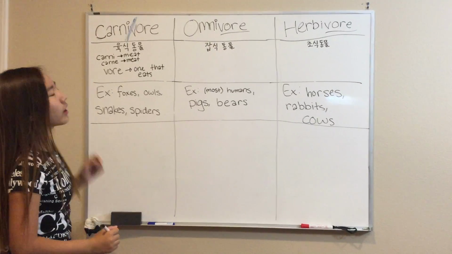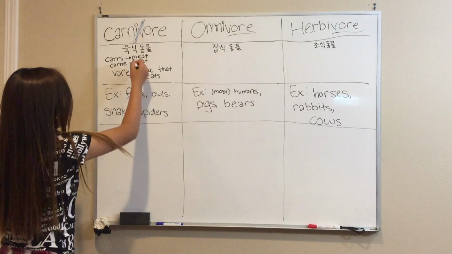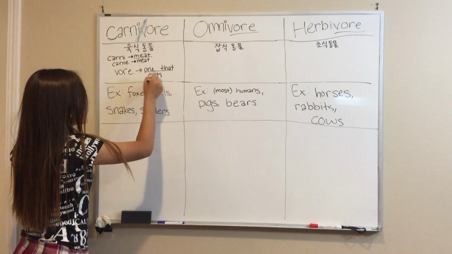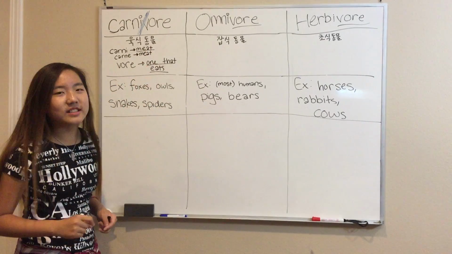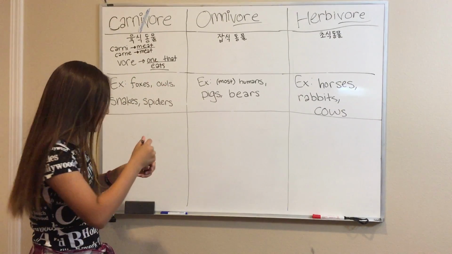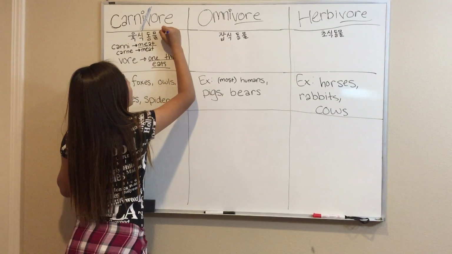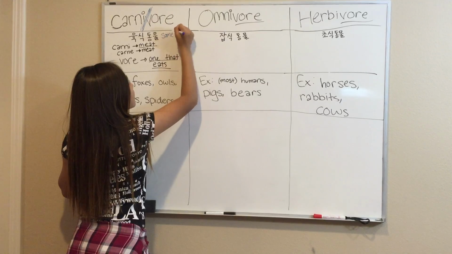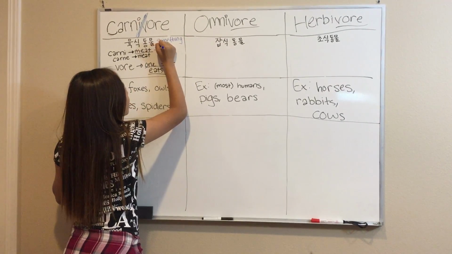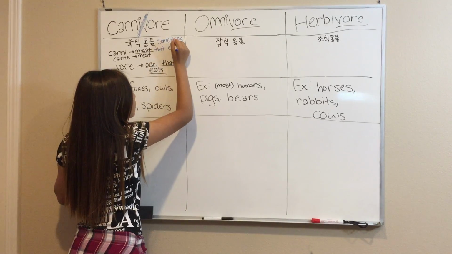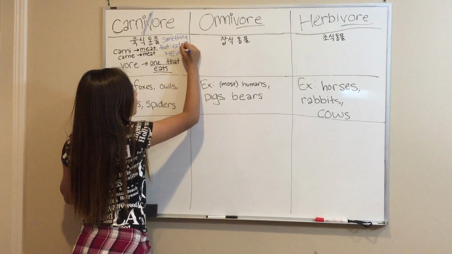So carnivore, what do you think that means? Well, if you look at this and you just think, meat, one that eats, maybe it could mean something that eats meat.